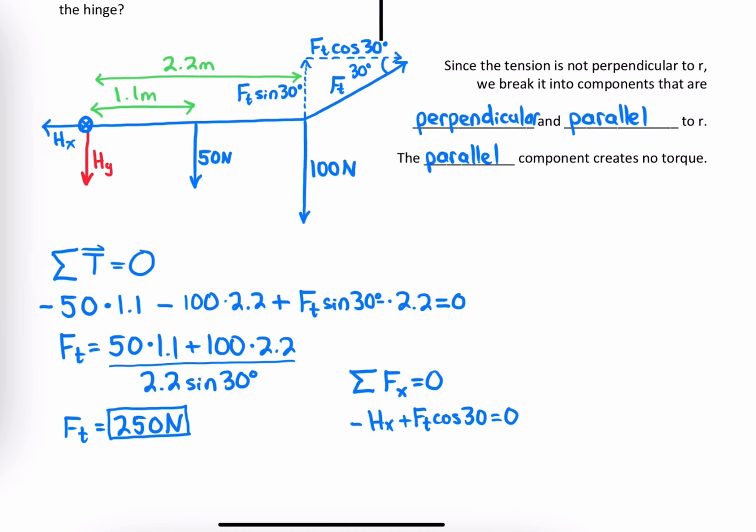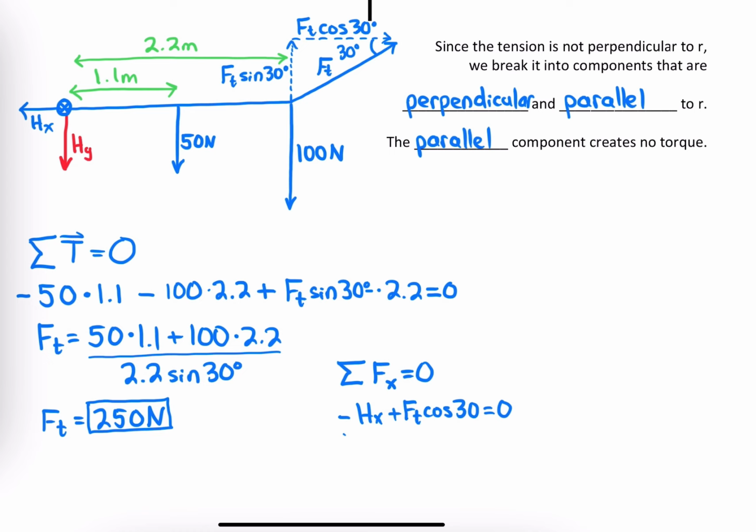So that tells me, if I rearrange this, that Hx equals FT cos 30. We could probably see that graphically. Since I've only got two forces, one's pulling left, one's pulling right. If it's in equilibrium, those forces need to be equal to each other.